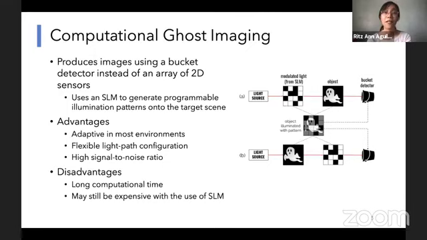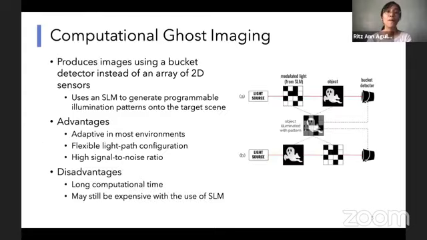But again, you can have several image retrieval algorithms, for example, compressive sensing, to reduce this computational time. And most of the time, it's still expensive because of the use of SLM. But actually, you can build one which is very cheap depending on the components that you're going to use.